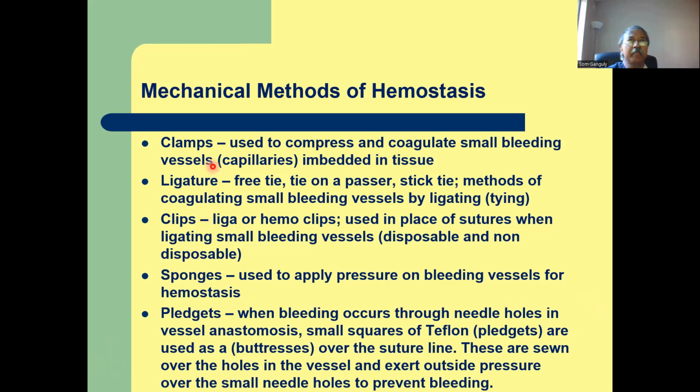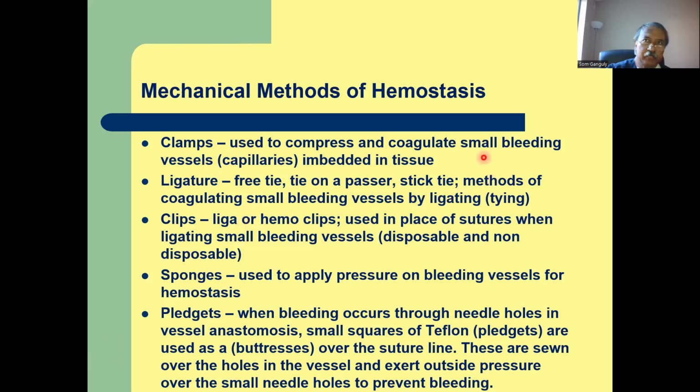So mechanical methods: clamps, starting from hemostats to large clamps like the Satinsky clamp, or DeBakey clamps, or any type of vascular clamps can be used to control bleeding.